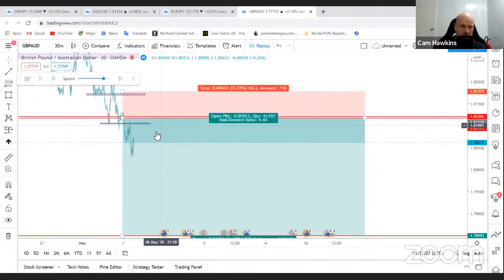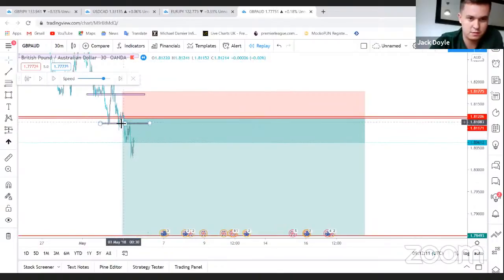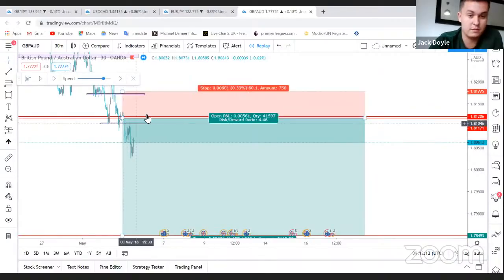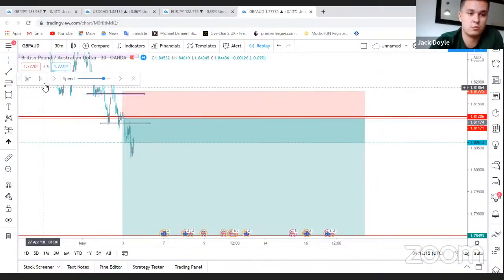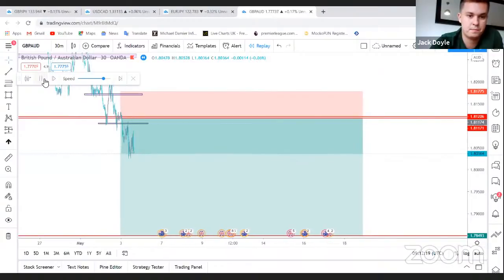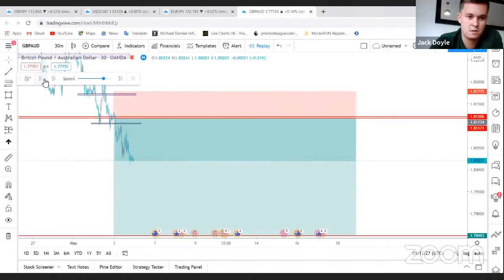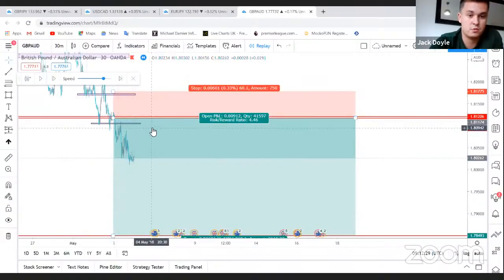So I think the worst we can get here is a retest of this level, and obviously if it breaks that, I wouldn't find the trade valid anymore. And then in this situation, I'd probably move my stop down, just above this.